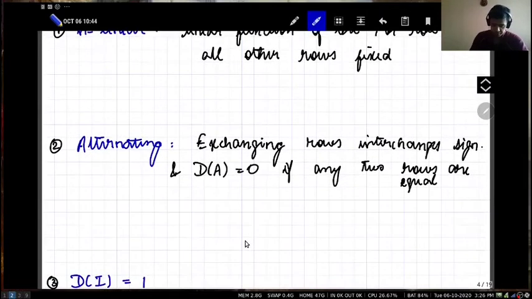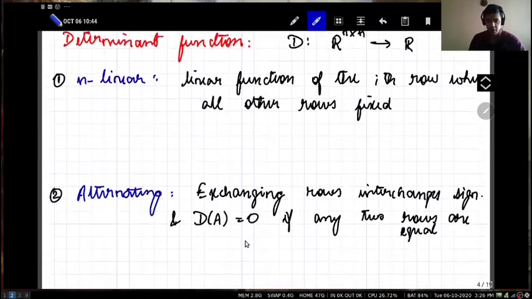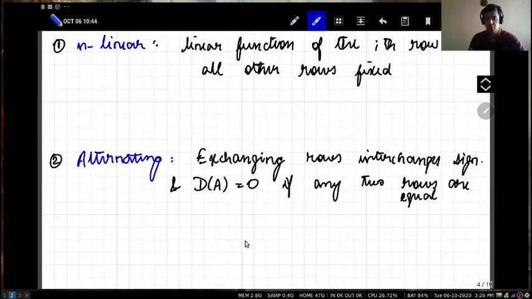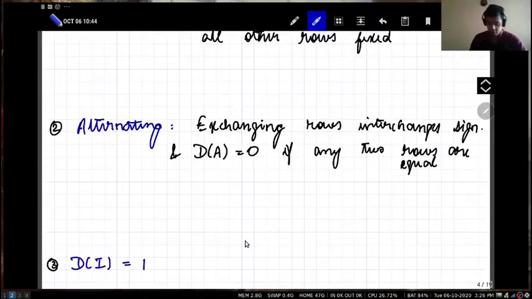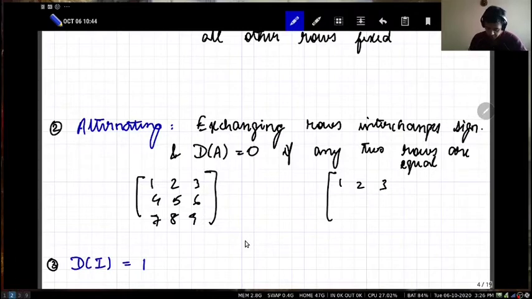The second property that any determinant function must satisfy is the following: if you exchange any two rows of a matrix, then the determinant of the matrix exchanges sign. So for example, if I have a matrix 1, 2, 3, 4, 5, 6, 7, 8, 9, I can exchange the second and the third row to get 1, 2, 3, 7, 8, 9, 4, 5, 6.